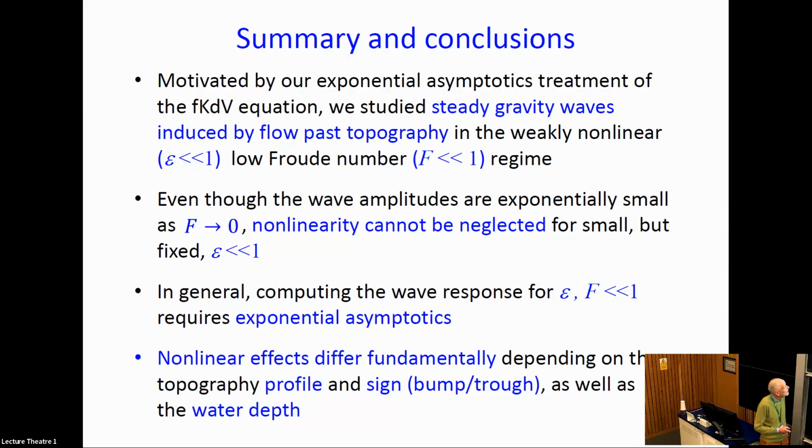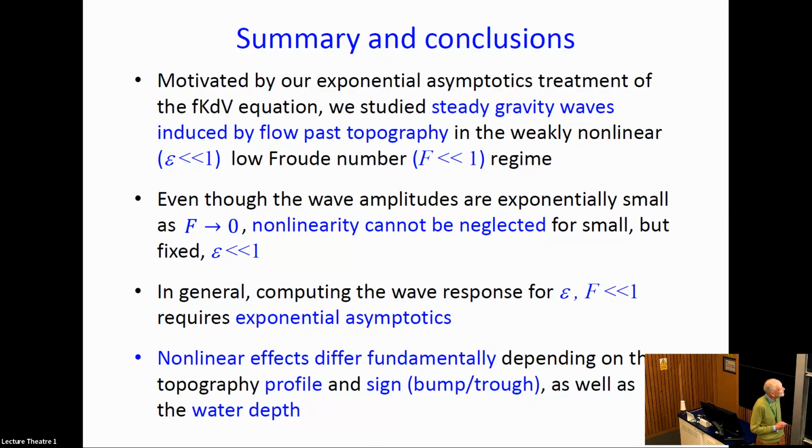Okay, so let me then take the last few minutes to summarize and conclude. We use the forced KdV as our motivation for studying steady gravity waves generated by flow past topography and other forcings in the weakly nonlinear low Froude number regime.